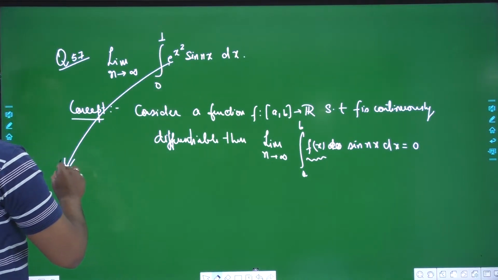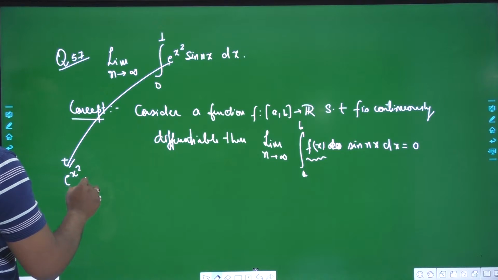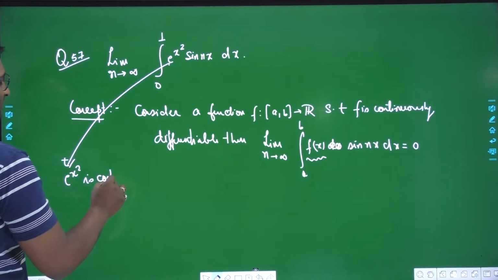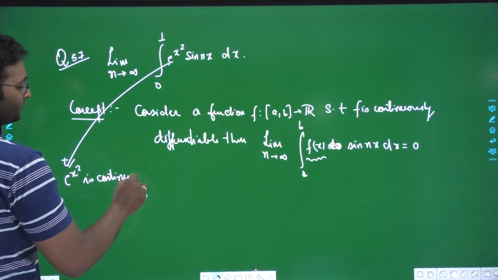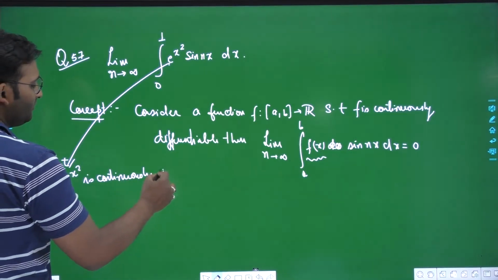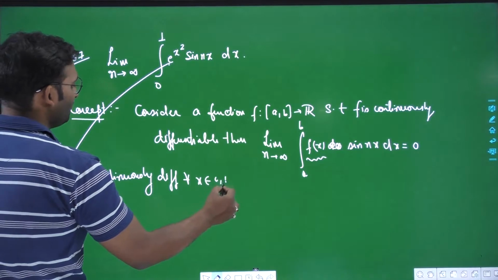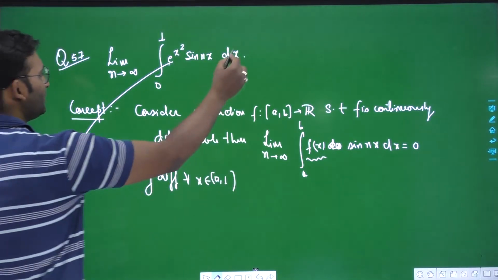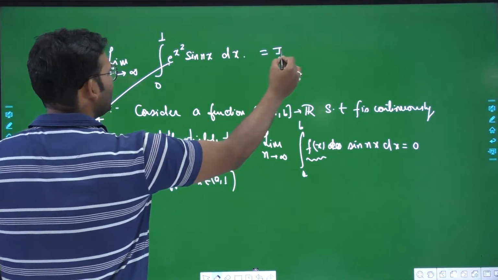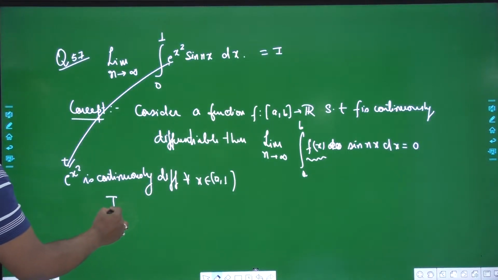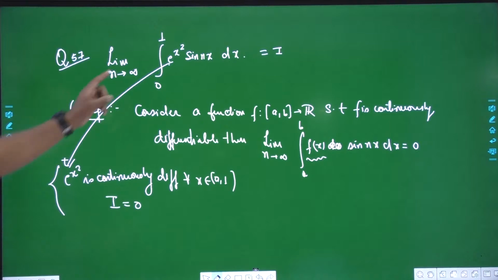That itself implies e to the power x square is continuously differentiable for all x belongs to 0, 1. So therefore your required integral, writing it as I, will come out to be 0. So the answer to this particular problem will be 0.